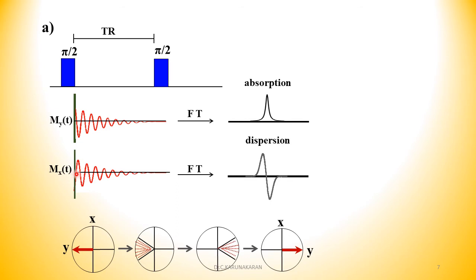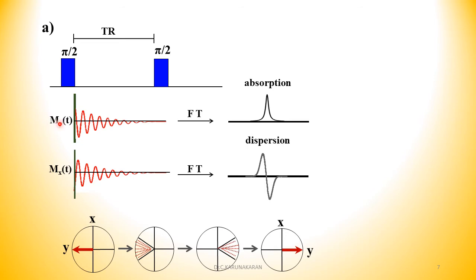However, if the detector is on the x-axis, there will be less signal in the beginning. After applying the pi by 2 pulse, the net magnetization is along the y-axis, and its intensity is very large.